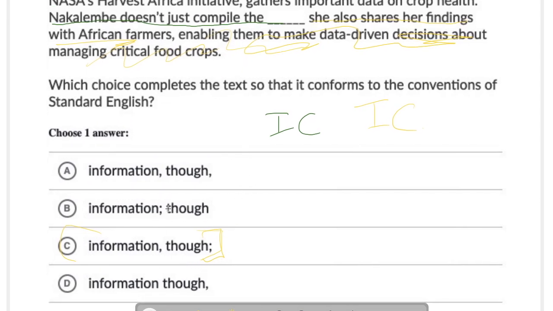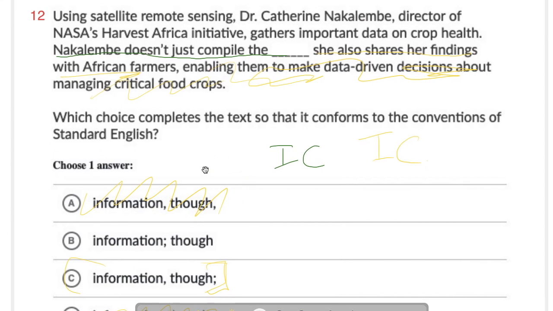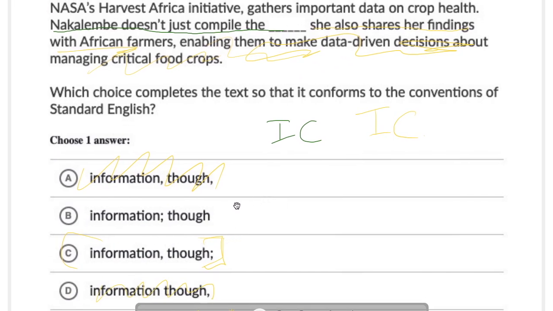Okay, so we can eliminate A and D because they lack a semicolon altogether. And then B would change the meaning. It would say something like this: though she doesn't just compile the data, pause, though she also shares her findings, blah, blah, blah, it would yield a fragment in that yellow portion, and we don't want that. So our answer is going to be C.